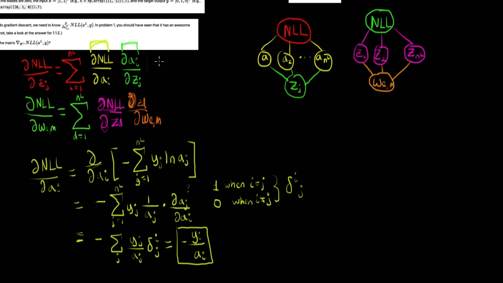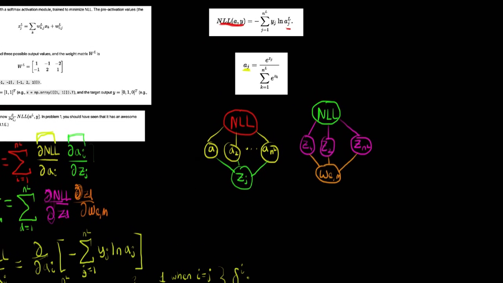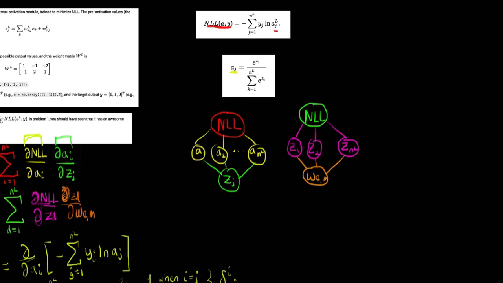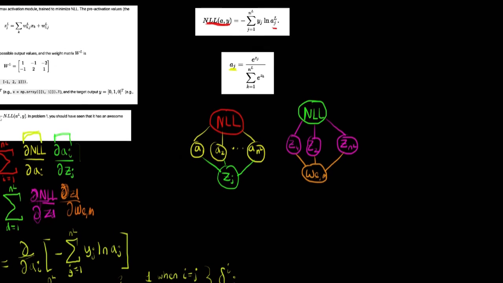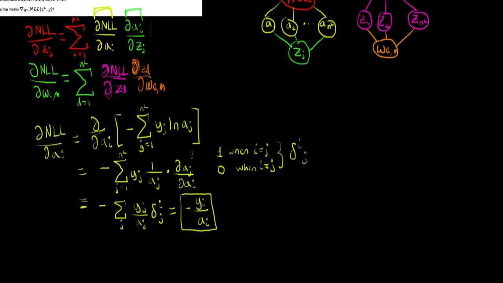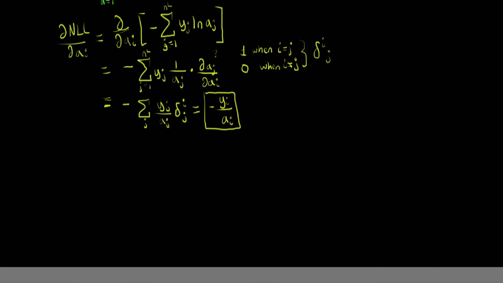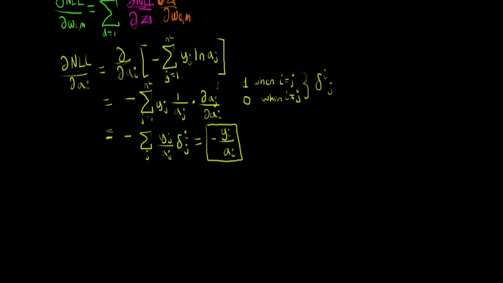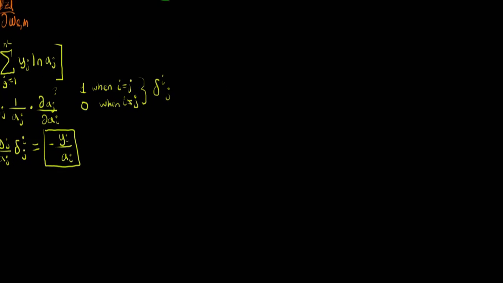So we'll do this derivative, and this derivative is somewhat complicated. The reason is that, if we recall, aj is this complicated softmax function. So for the derivative, we're going to have to use the quotient rule and some fancy index tricks. So let's go down here, get some more real estate, and we'll rewrite this.